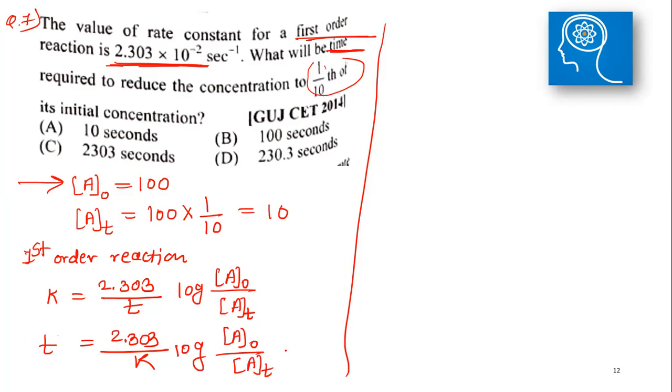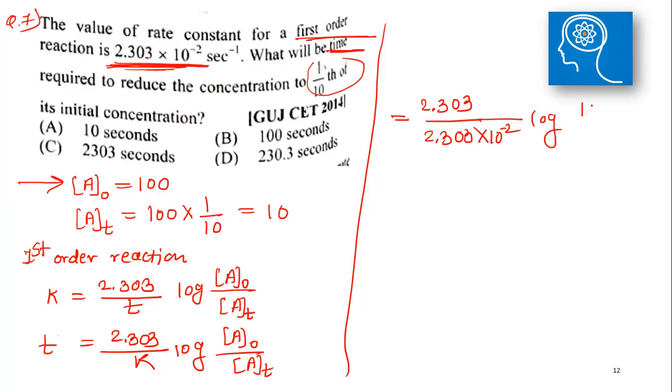Now we have to put the values here. So it is equal to 2.303. What is the value of k? It is given to you, the rate constant value is 2.303 multiplied by 10 to the power -2, log of, what is the value of A0?